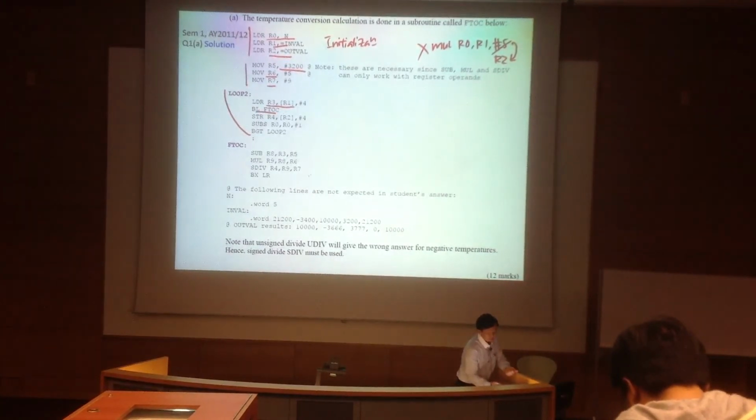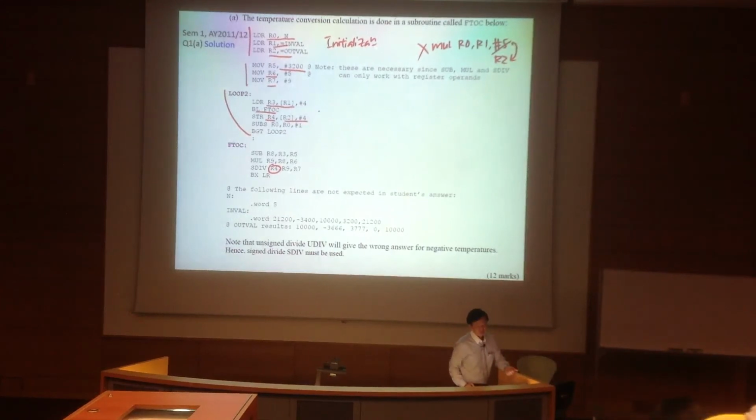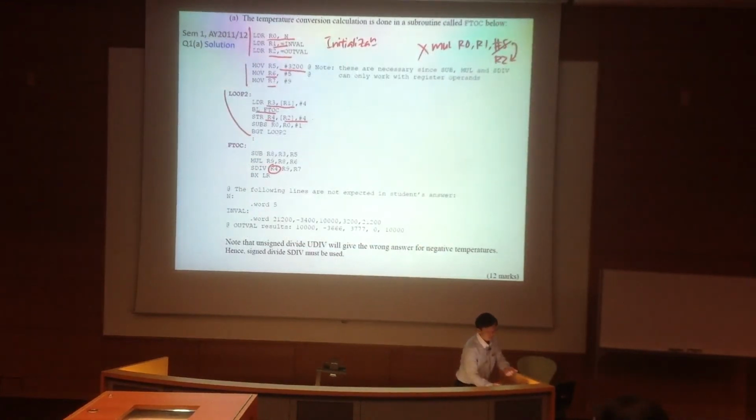The answer is actually in R4. I save it into the second list. So essentially, it's like what I said. Take this one, call subroutine, convert the centigrade, put answer in R4, write the R4 value here. Next one, take this one, load it, call the subroutine, answer in R4, write it here, and so on until you finish the loop, which is what we are doing here.